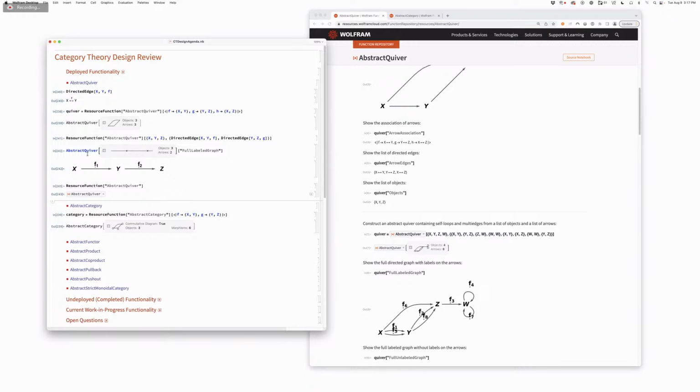A box head contains just a symbol without the context of Function Repository. Maybe it's hidden. Okay, so I don't understand. That doesn't seem like the right thing. So this is probably Ian. Do you know anything about this? Anybody else know anything about this? No. Okay, so that seems like a Function Repository issue to be tracked down.